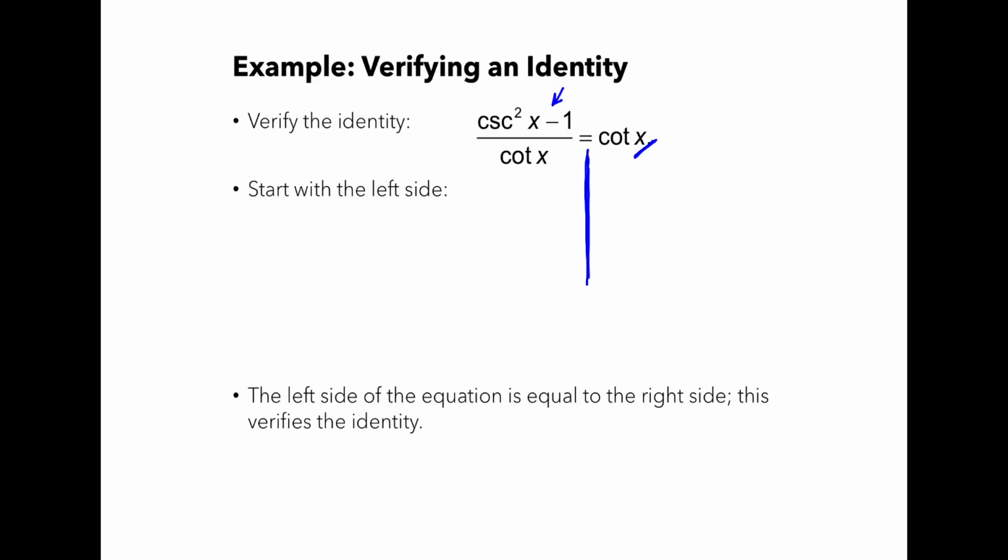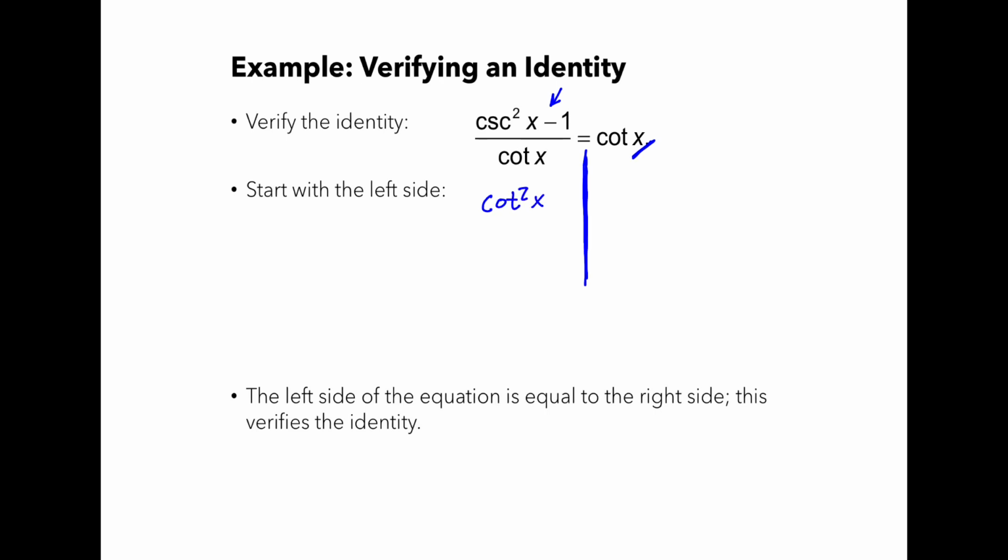Back here, we can actually see that cosecant squared x minus 1 was equal to cotangent squared x when we subtracted the 1 to the other side. So I know cosecant squared x minus 1 can be rewritten as cotangent squared x divided by cotangent x, which we have in the denominator.